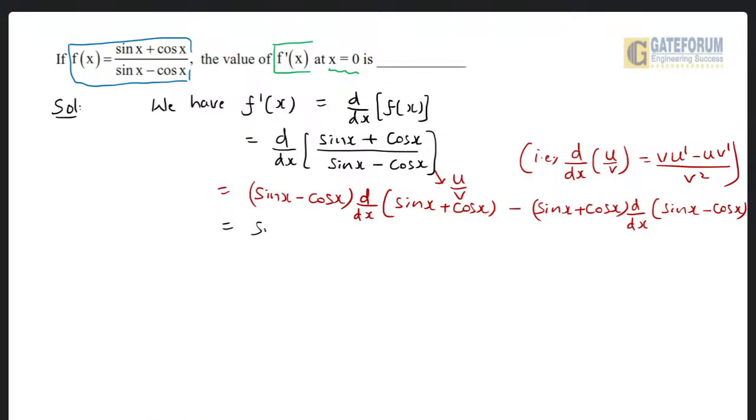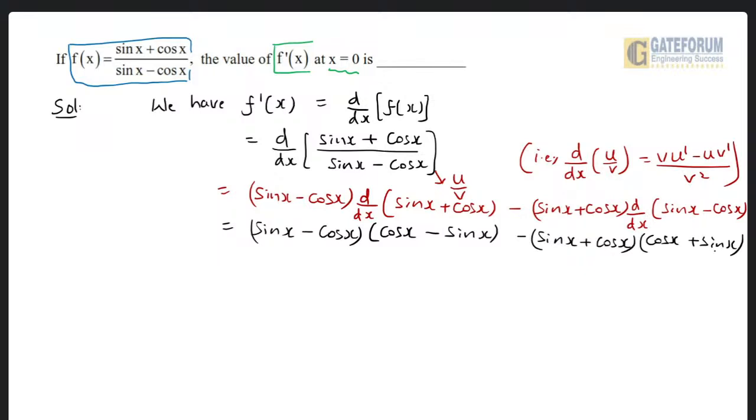This is equal to sin x minus cos x, into the derivative of sin x, cos x, plus the derivative of cos x, minus sin x, minus sin x plus cos x into the derivative of sin x, cos x, and the derivative of cos x, minus sin x. So finally with respect to x, that is plus sin x here.